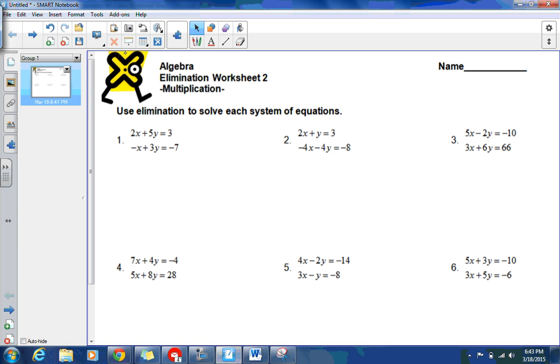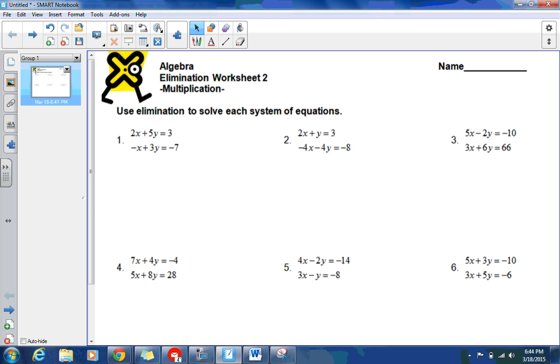Starting with number 1, we're going to use elimination here. You can tell just from looking at it that neither of the variables is going to be eliminated from what we're given, so we're going to have to change one of the equations by multiplying it so that one of the variables will eliminate.